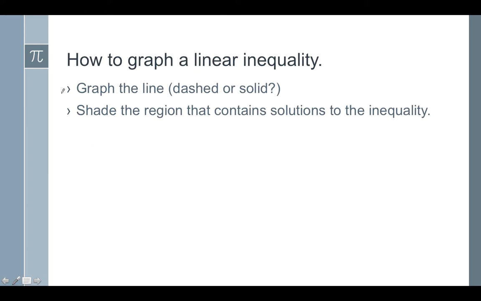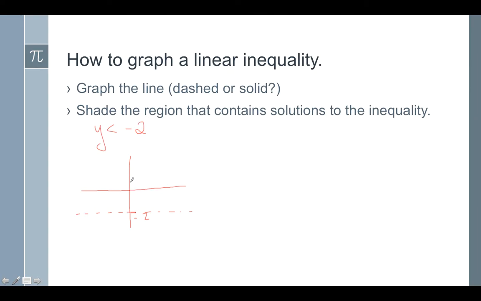Let's try something else. What about y is less than negative 2? First of all, you have to remember what the line y equals negative 2 looks like. It's a horizontal line at negative 2. Because it is strictly less than, with no equal sign, this is a dashed line. We've got to make it dashed. And we want all y values that are less than negative 2.